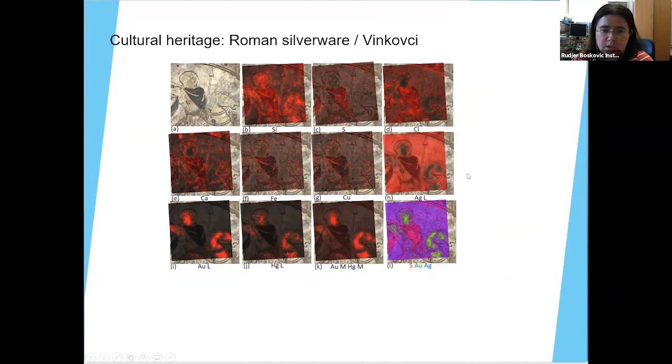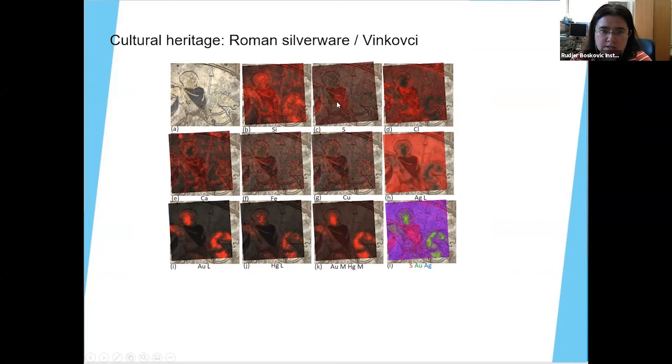And here, basically, you can see the elemental map of gold and mercury. So you can see that the gold is in the place where we have the horse and the rider's head. Also, here is the silver elemental map, so you have the silver from the plate itself.